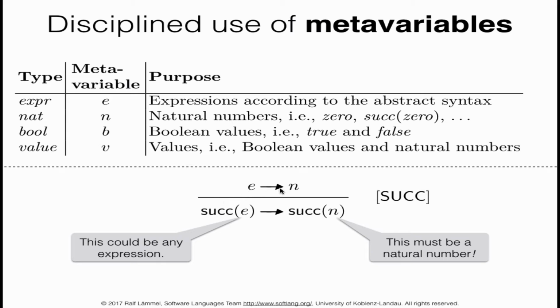For example, within the premise, when we say e evaluates to n, we actually constrain what kind of result we need here. A boolean value would not be acceptable here. So e is potentially any expression, but n must be a natural number. This is in the interest of constructing a reasonable successor result, a reasonable natural number.